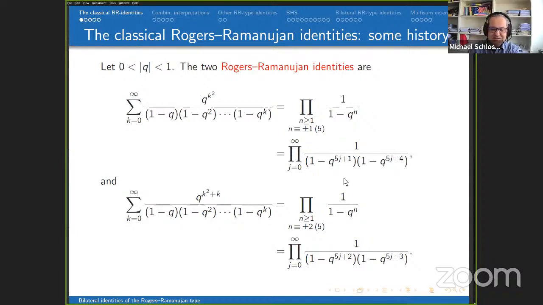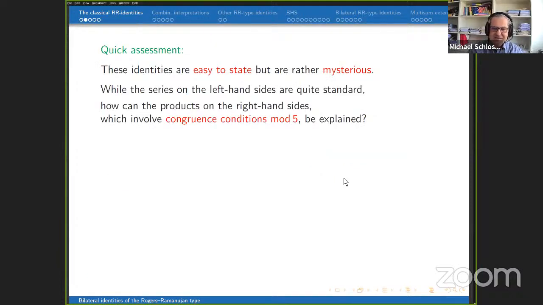And there are several similar identities of this type, but these were the first ones, and they were actually found by Ramanujan without proof, but then it was later discovered that Rogers had proved them earlier, and I will explain some of the history now.